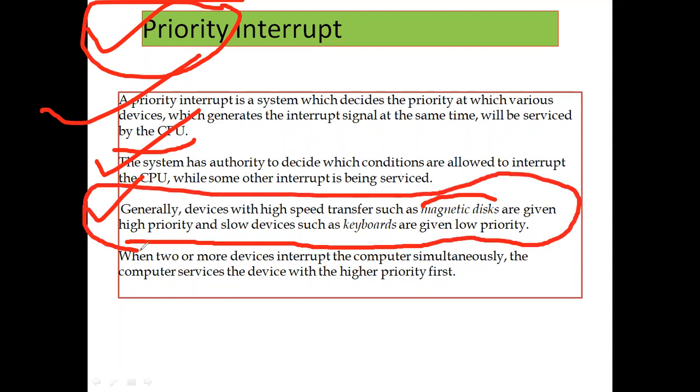Look at this line carefully and note it down carefully. I can also ask you in MCQ form: between magnetic disk and keyboard, which will have higher priority whenever the interrupt comes from these two devices? Generally magnetic disks, with high speed transfer, are given high priority, while keyboards are given low priority. When two or more devices interrupt the computer simultaneously, the computer services the device with the higher priority first.